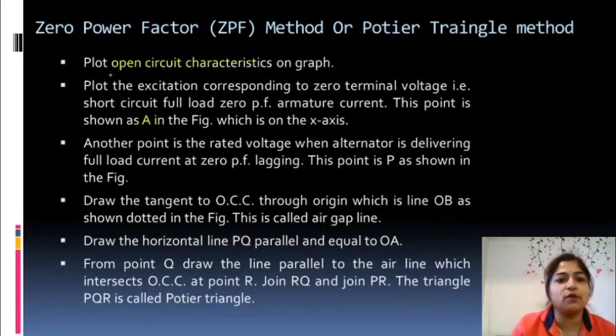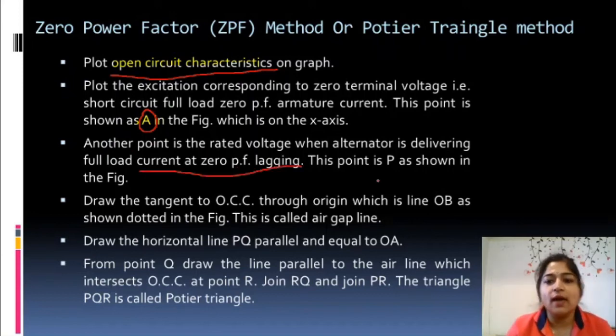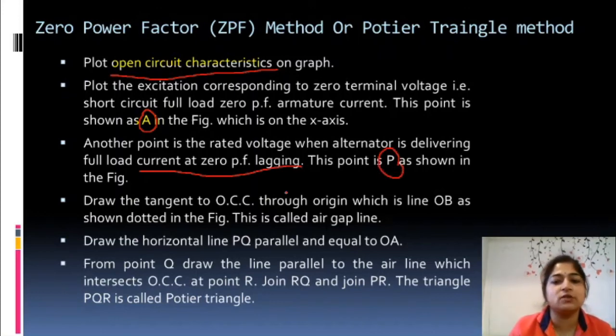First of all, you will plot the open circuit characteristics on a graph. Second step is to locate the point A on the graph, and then you will draw the ZPFC, and then we will locate a point P on the graph, which is the rated voltage on ZPFC. We will draw a tangent to OCC.